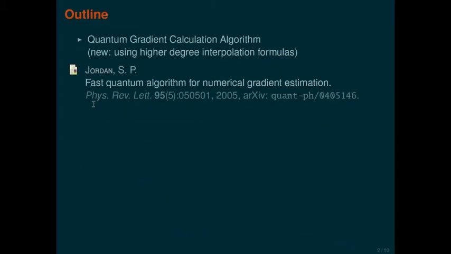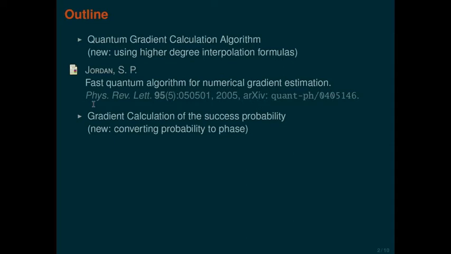So I would like to give a quick overview of my talk. First ingredient in my talk is an improved gradient calculation algorithm, which is based on Jordan's algorithm from 2005. Another ingredient, to make this fit the machine learning applications I want to show, is to calculate the gradient of success probability.